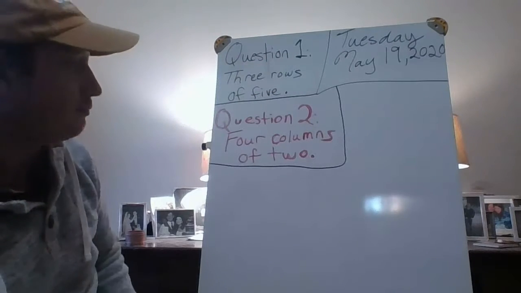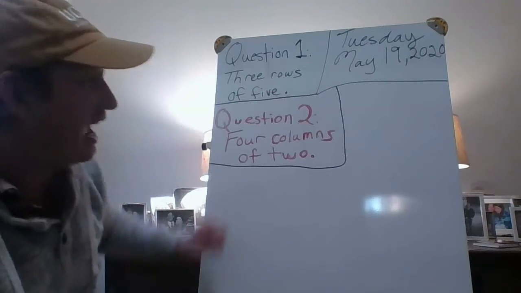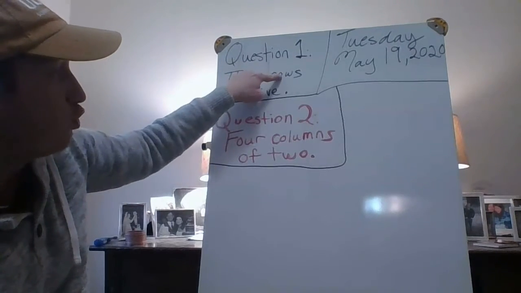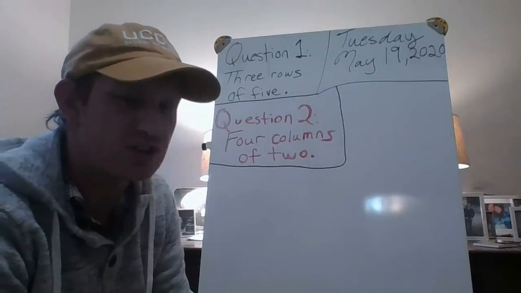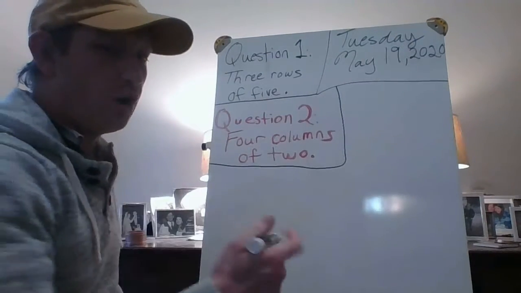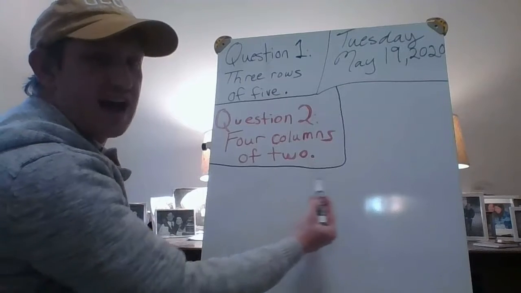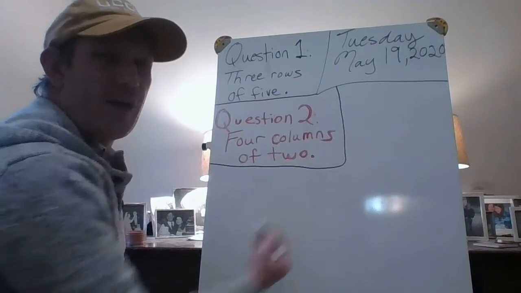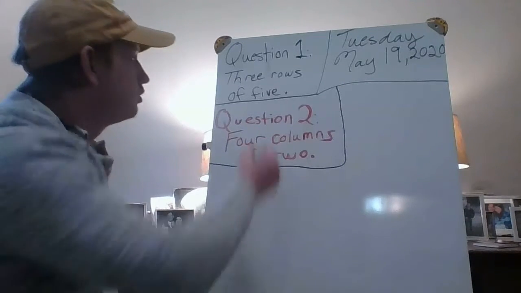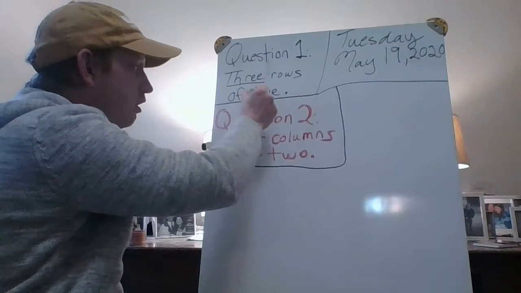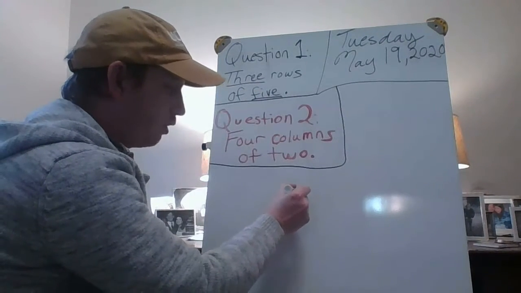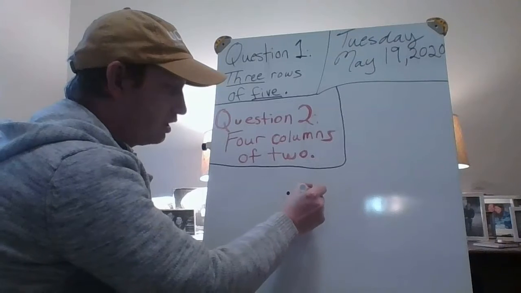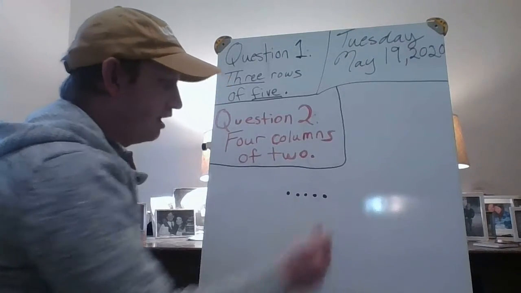Question 1. For question 1, we have 3 rows of 5. So a row always goes from side to side. And we have 3 rows of 5. So row 1 has 5: 1, 2, 3, 4, 5.